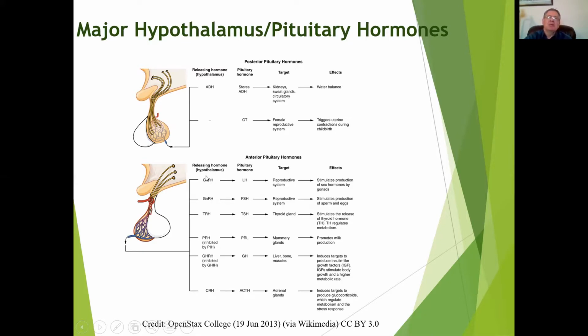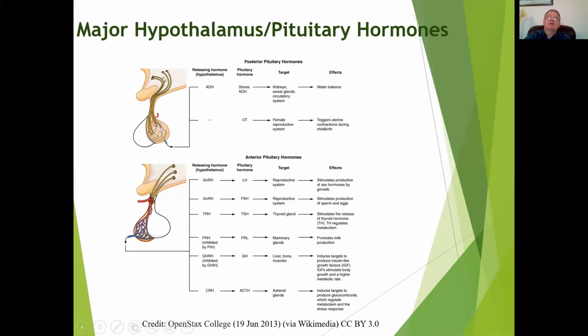Whether you consider them real hormones or not, they're released into the anterior pituitary gland, the adenohypophysis, and they trigger the manufacture and or release of the pituitary hormones. These hormones then may target cells, or they may target another gland, which stimulates another hormone to be produced.